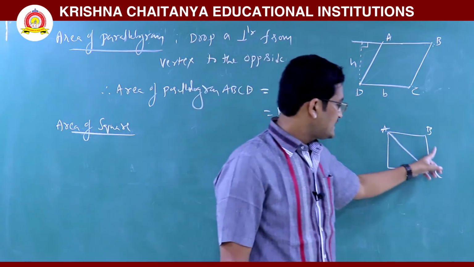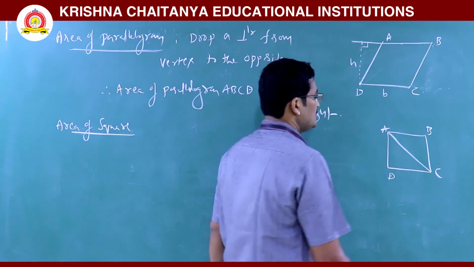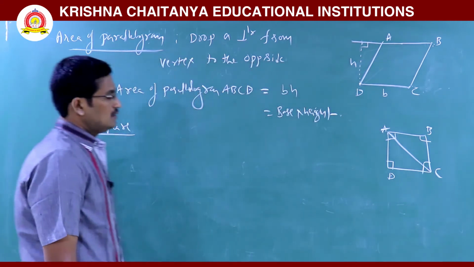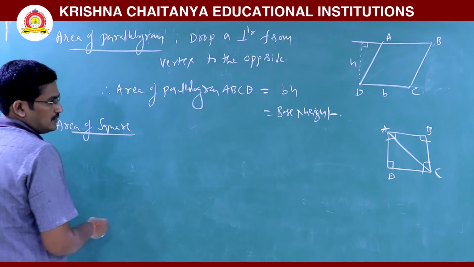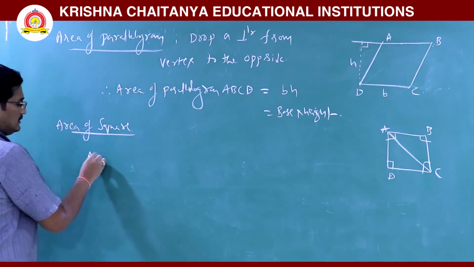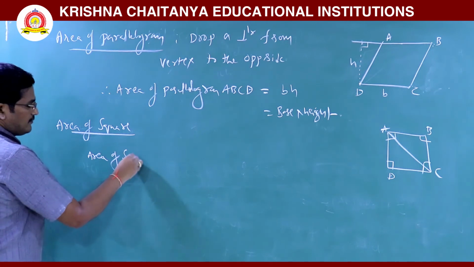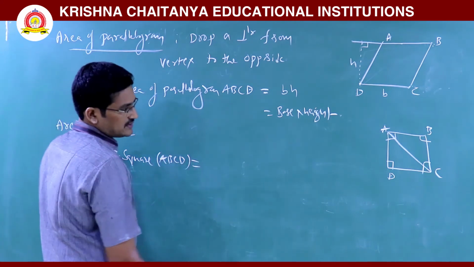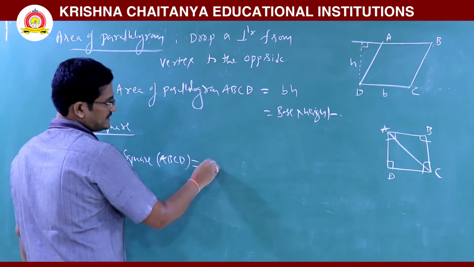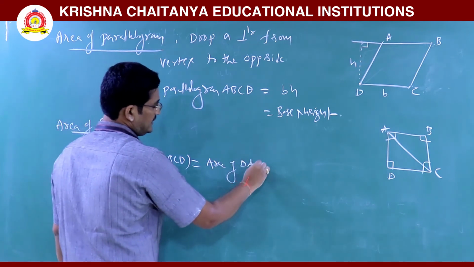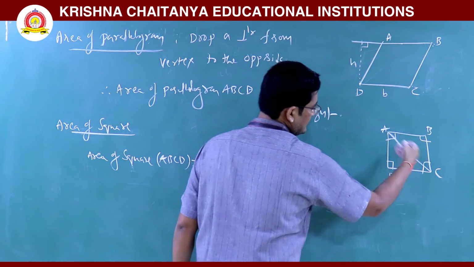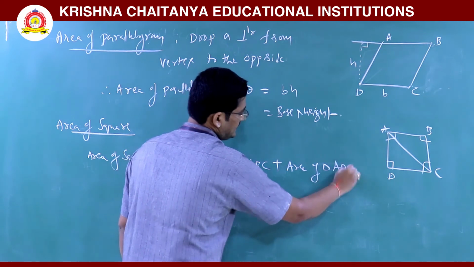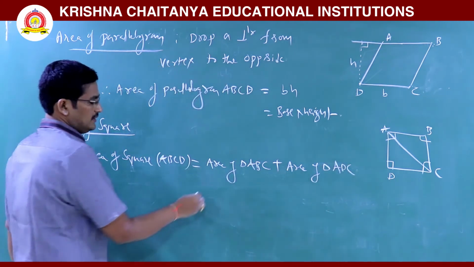In the square, four sides are equal. Also you know that adjacent sides are perpendicular to each other. Now the area of square ABCD is equal to the area of triangle ABC plus the area of triangle ADC, by the rule of area of quadrilateral.